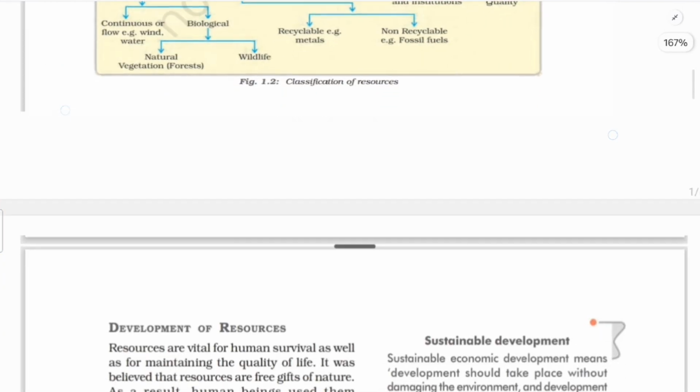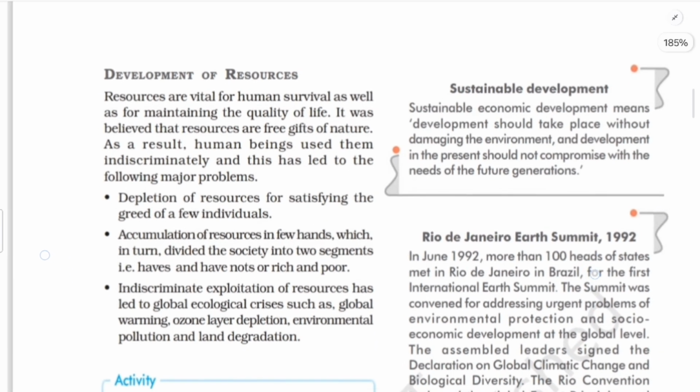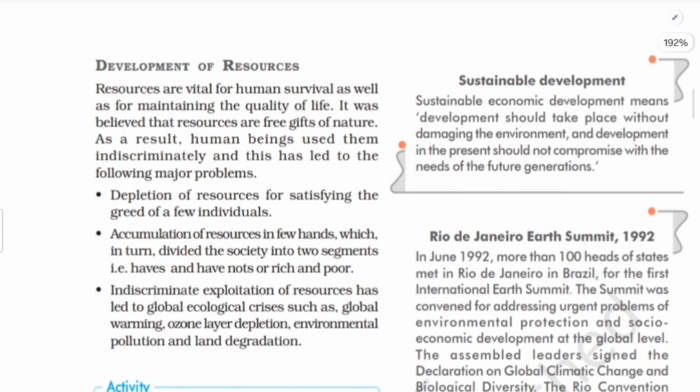Now, development of resources. As you all know, resources are vital for human survival as well as for maintaining the quality of life. Not only is it needed for survival, it is also needed for maintaining the quality of life.